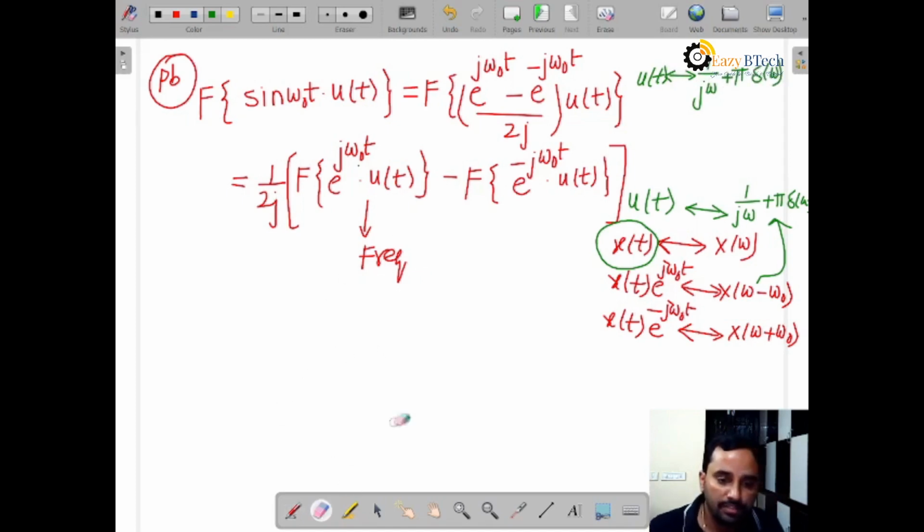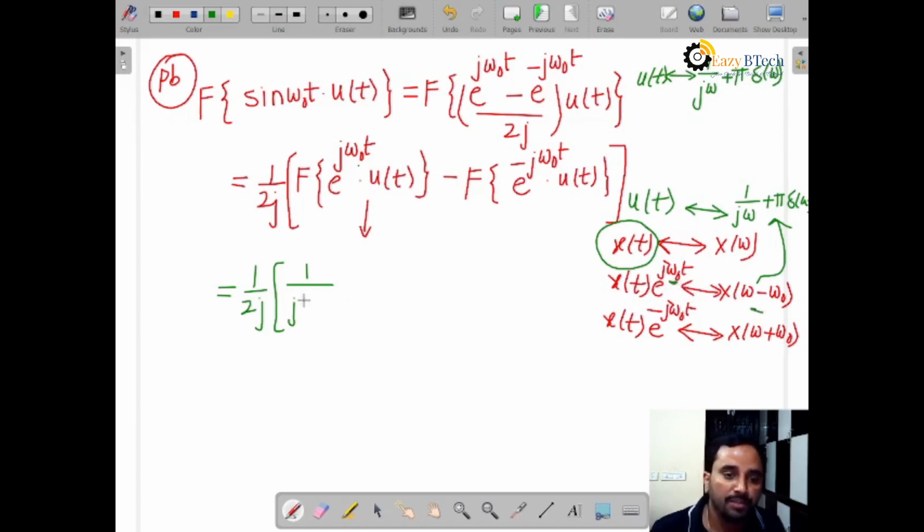Now the first one, e power j omega naught t into u of t. What will be the answer? 1 by 2j times, for the first one, 1 by j times omega minus omega naught, right or not? Here omega minus omega naught. So 1 by j(omega minus omega naught) plus pi delta of omega minus omega naught. This is the first one, minus the second one.